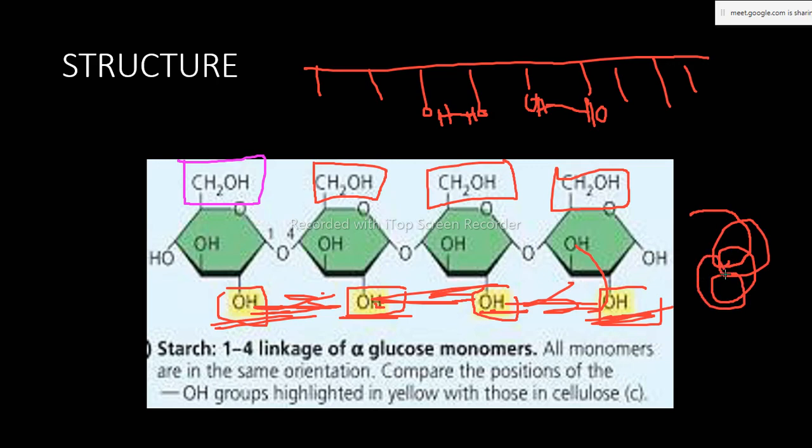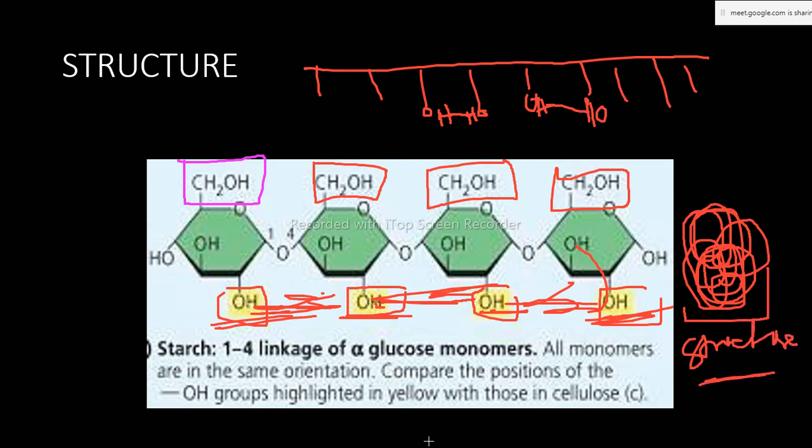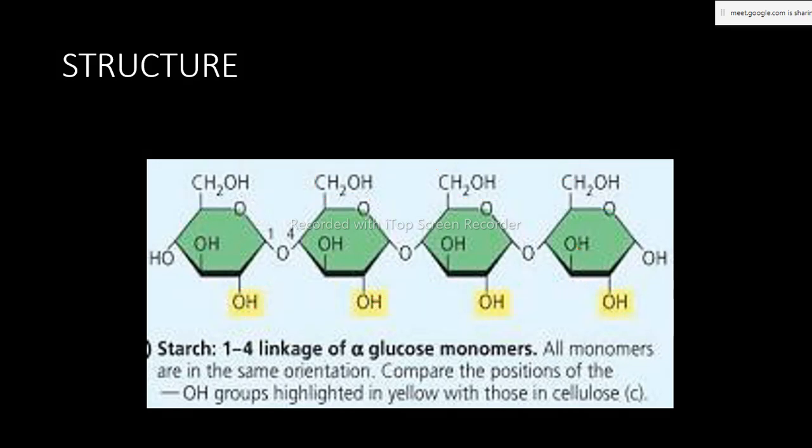So the structure of starch will end up coiling, and you form such a coiled structure. Is that okay? Why is it coiling? Because all the OH groups are oriented inwards, so they will end up coiling, to make the structure of starch highly coiled.